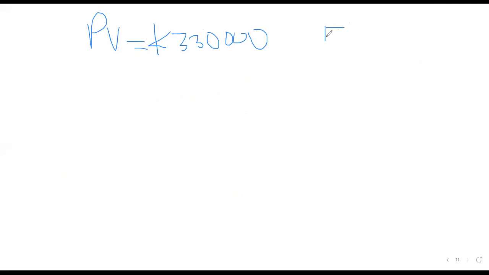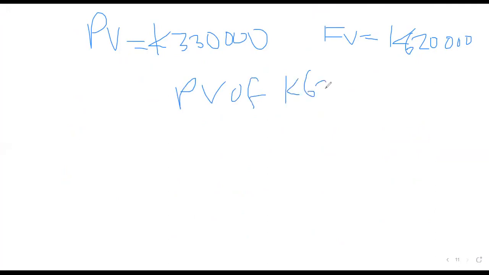Or you receive the future value of how much? Of 620,000 in 3 years' time. So let us find the present value of this amount. So present value of 620,000, 3 years from now.